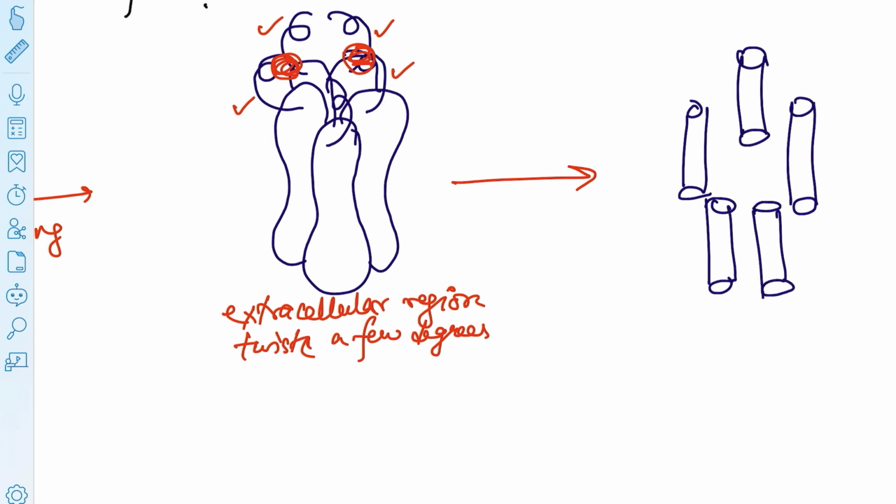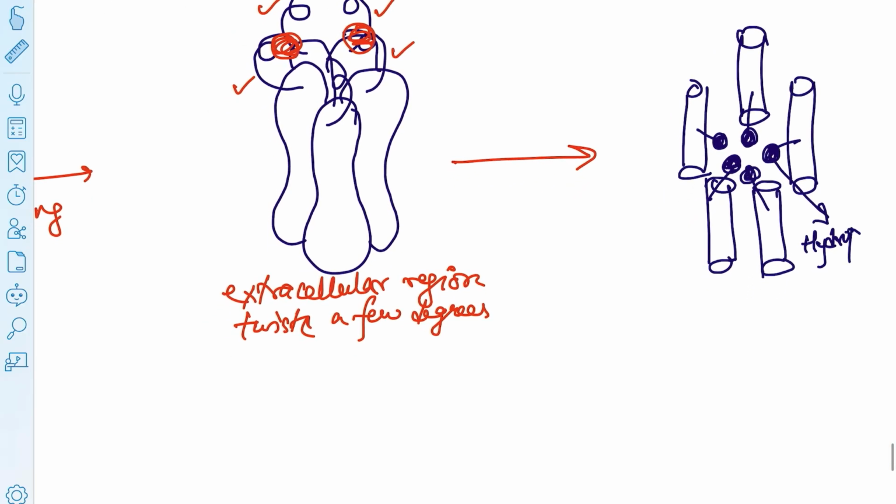These are the 5 different M2 regions of the alpha and beta subunits. They have certain amino acids which project, which are hydrophobic in nature, and they project like this. All of them have some hydrophobic regions.